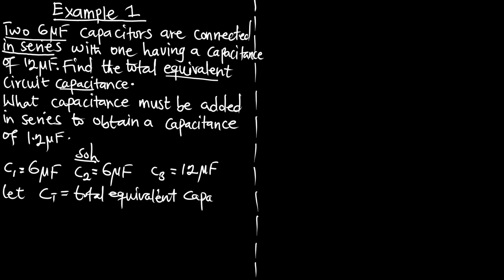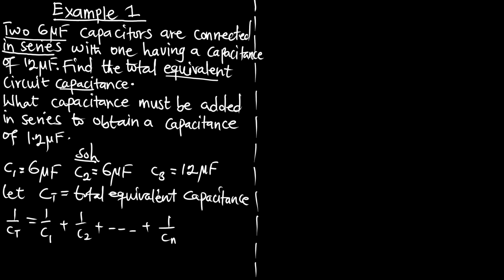For a series arrangement of capacitors, we have 1 on CT is equal to 1 on C1 plus 1 on C2 up to 1 on the nth capacitance. So we have three of them.